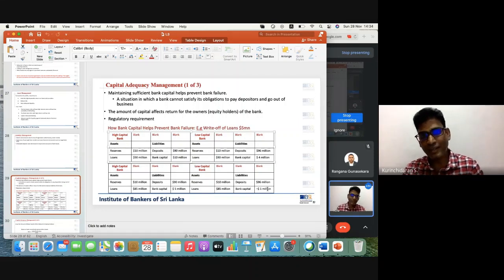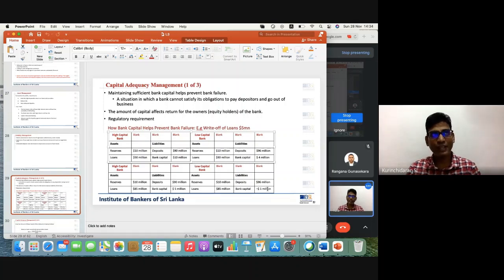Okay, so if the central bank allows a bank to have negative capital for various reasons, yes, they can run the banking business.